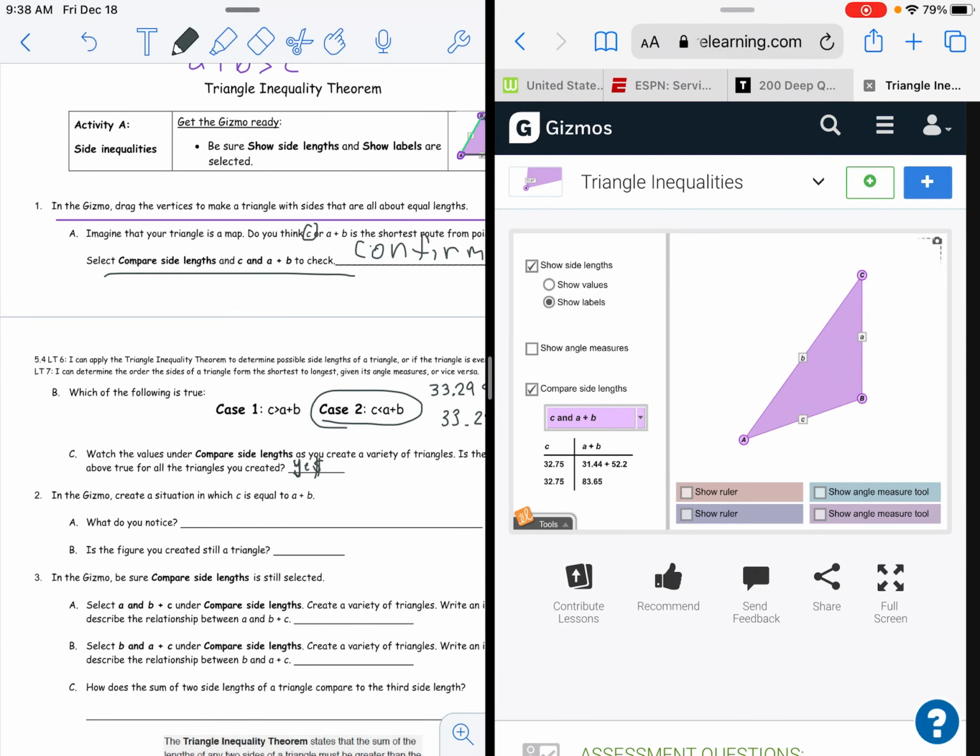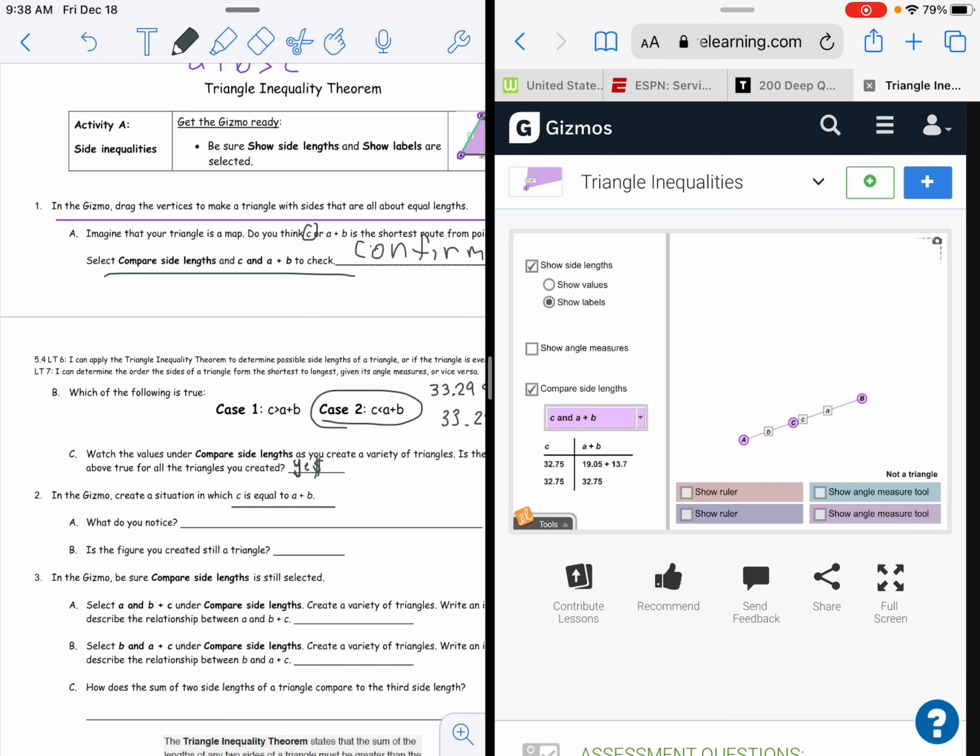In the gizmo, we're going to create a situation in which C is equal to A plus B. I think I can do it like this. Boom. Oh, did it. Nailed it. If you look at my table, they're both 32.75. All right, so I did this. C is equal to A plus B. But what did you notice?